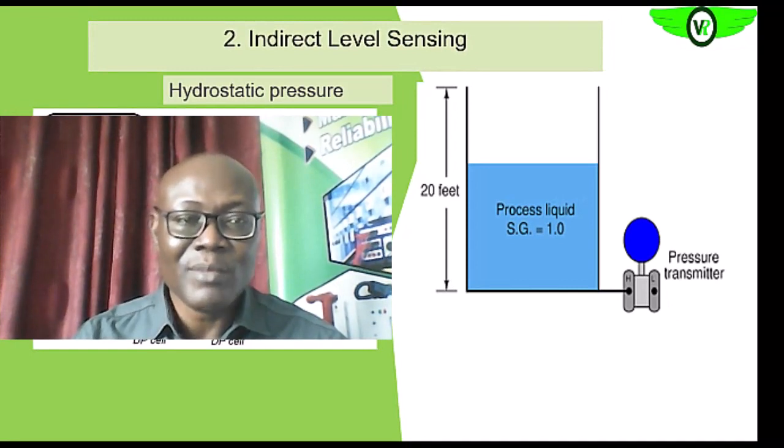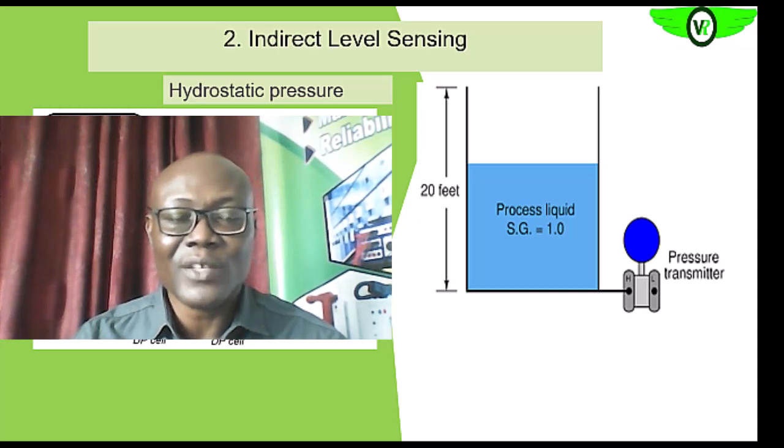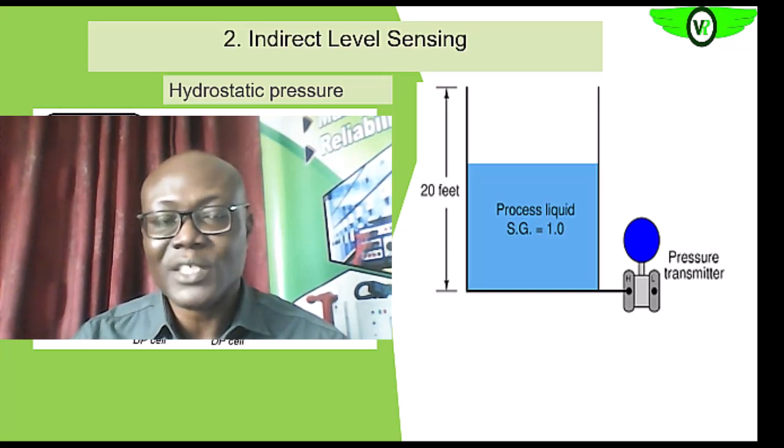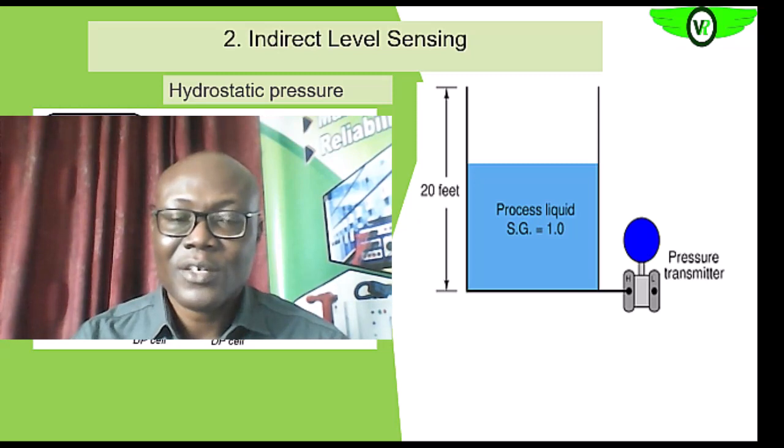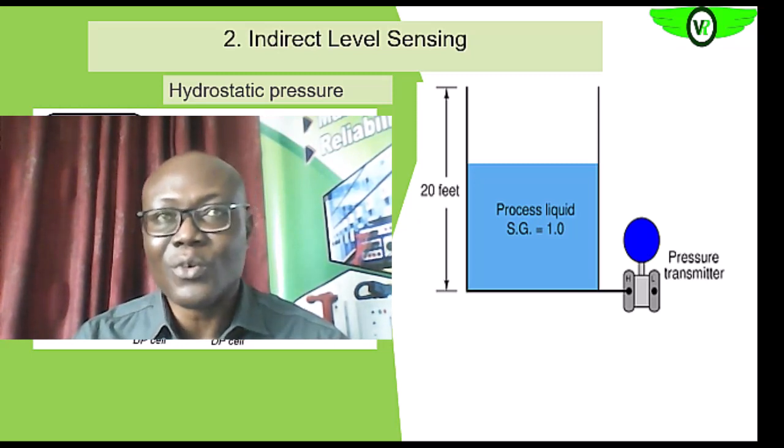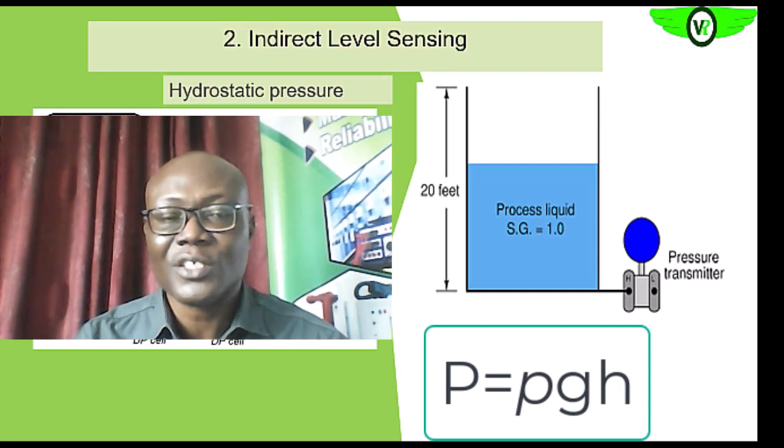Remember, in a vessel, the pressure that the vessel exerts at the base of the vessel is dependent on the height of that fluid in the vessel. That is, pressure is equal to rho g h.